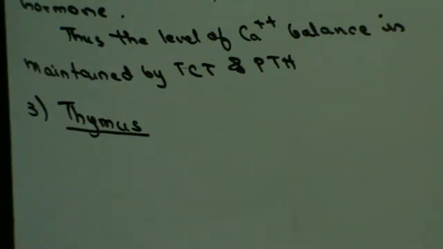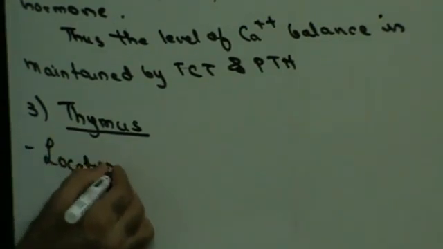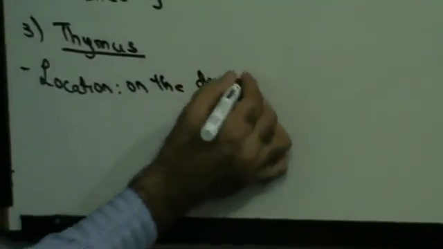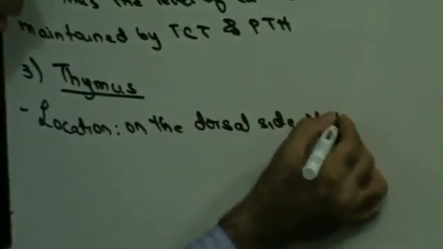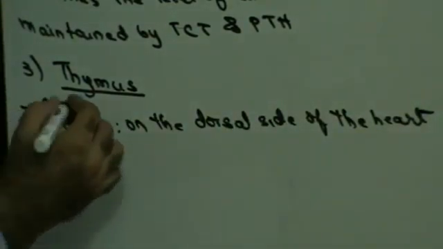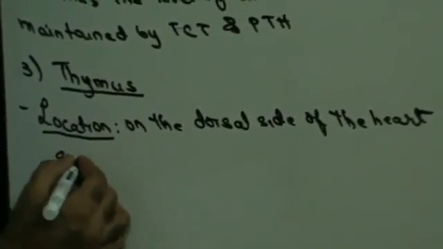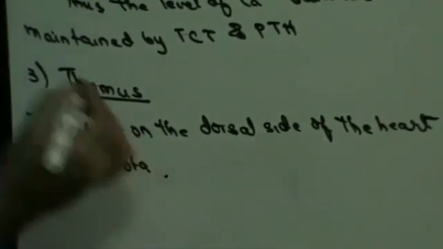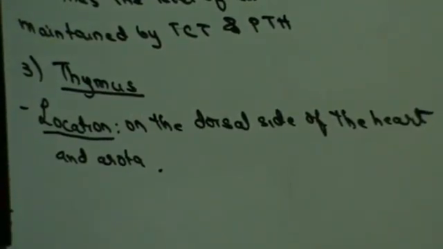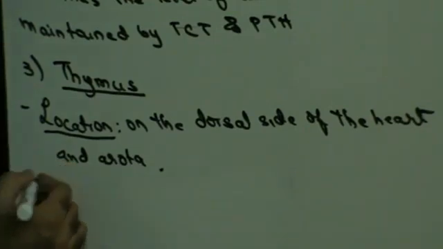It is located on the dorsal side of the heart and the aorta. That's where the thymus gland is located, right? What is it made up of? It is made up of lobules. It is formed of lobules.